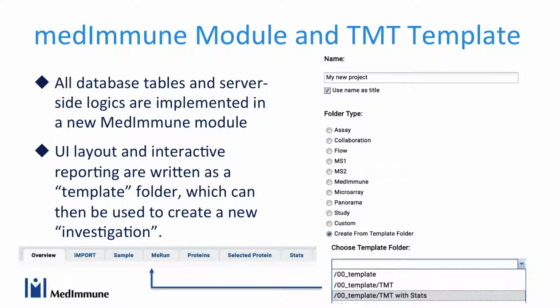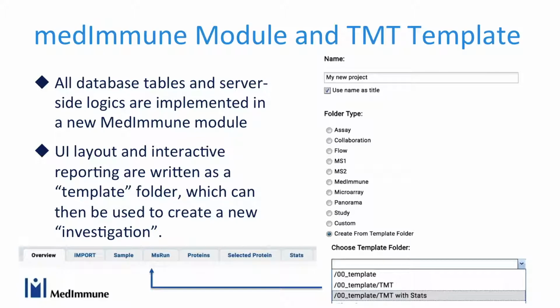But a better solution that we found out, with help from Steve and other people doing the training, is that if we want to incorporate a set of UI customizations, it's actually best to create a template folder where we not only have the module assigned to it, but also have a set of UI customizations already done for that folder.